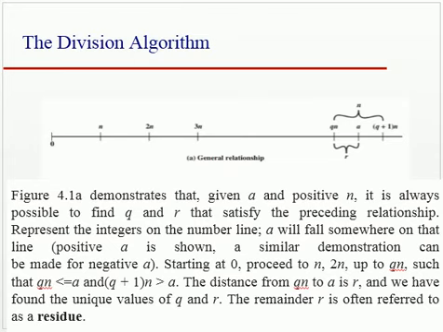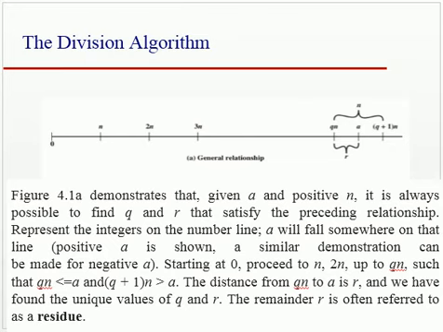A similar demonstration can be made for negative a also, but here we have shown positive a. So this a will lie somewhere on this number line, and if we start from 0 proceeding to n, then on the number line there will be n, after that 2n, then 3n, and up to qn we can proceed.